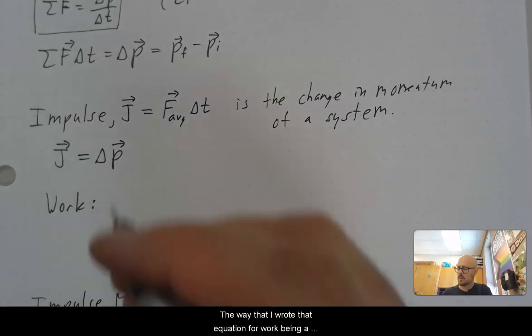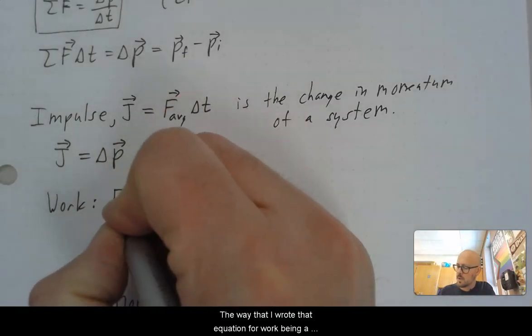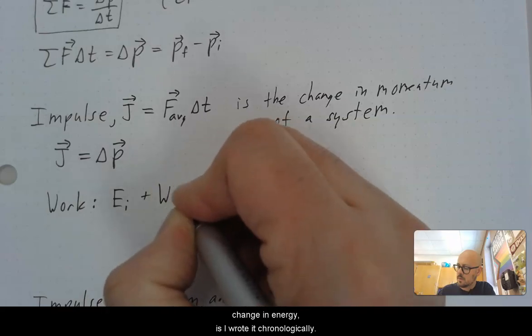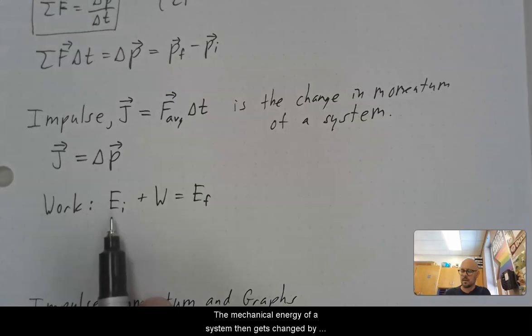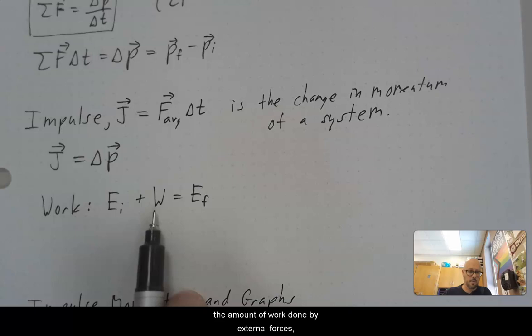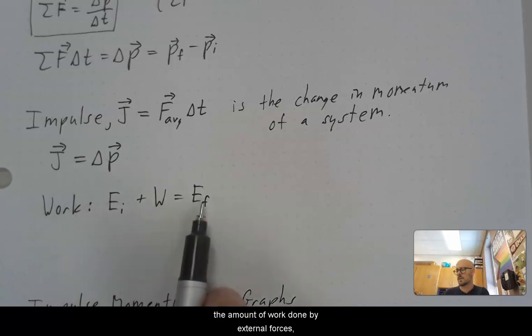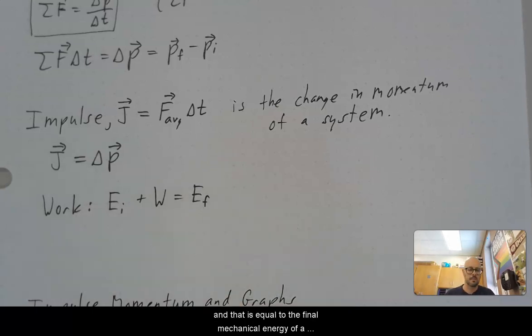The way that I wrote that equation for work being a change in energy is I wrote it chronologically. The mechanical energy of a system then gets changed by the amount of work done by external forces, and that is equal to the final mechanical energy of a system.